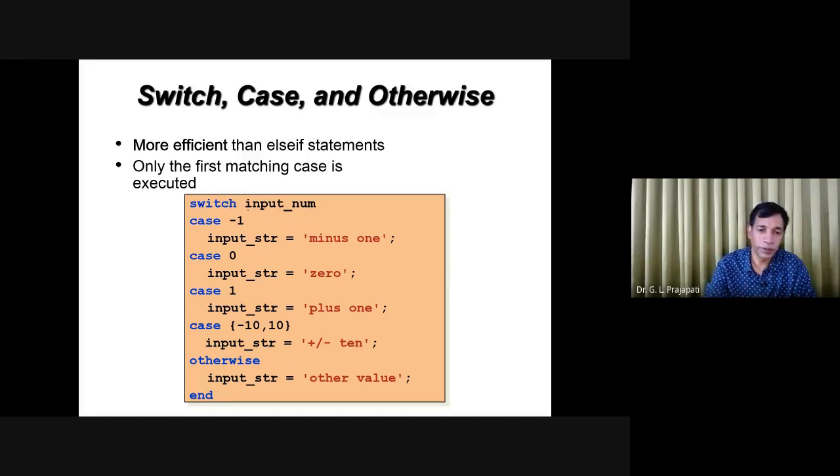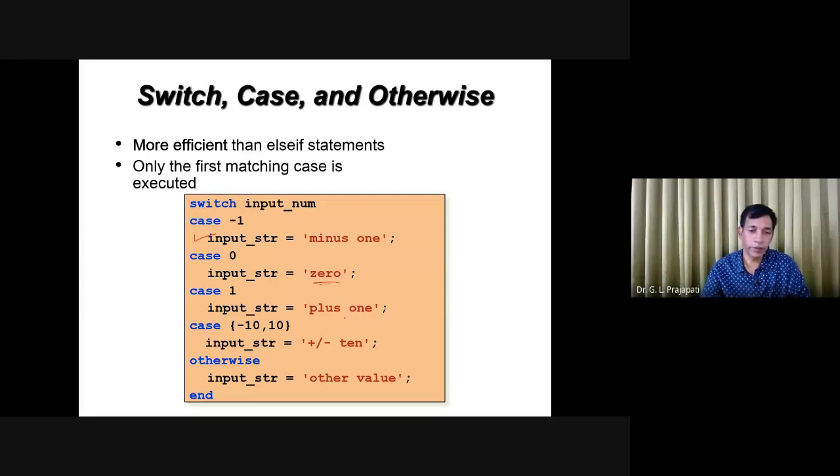The switch variable gives some numeric value, and you are going to test here. Case -1 means if variable value is -1, then you are going to execute this. Input string, this is the variable name, you are going to assign -1. If case 0, if the value of this is 0, then you assign this input string to 0. If case 1, then you are saying +1.